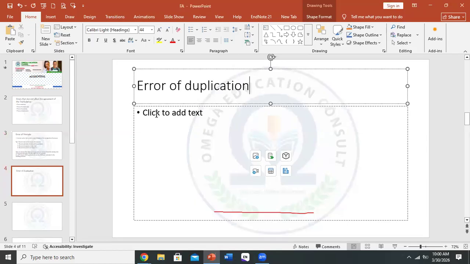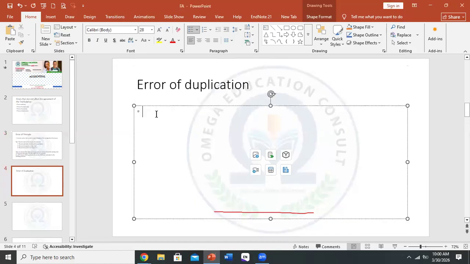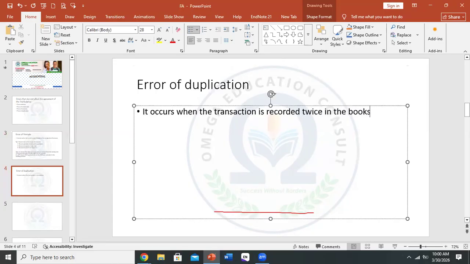So we are saying that this error occurs when the transaction is recorded twice in the books.